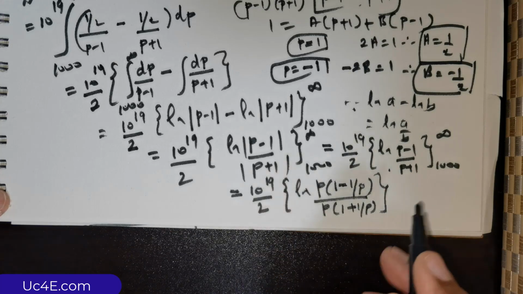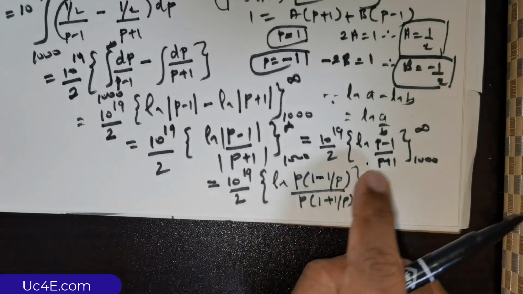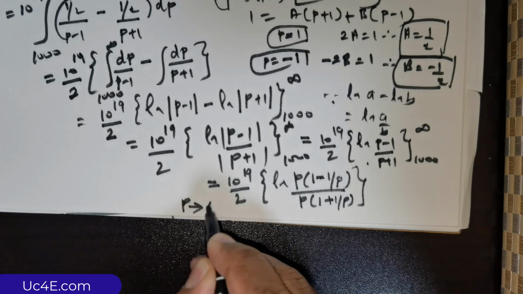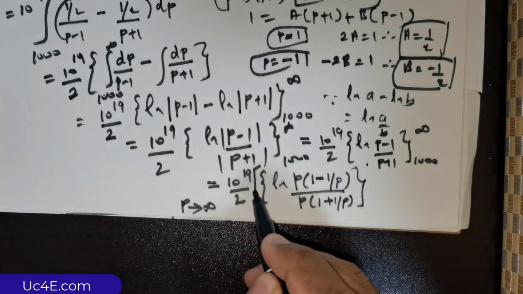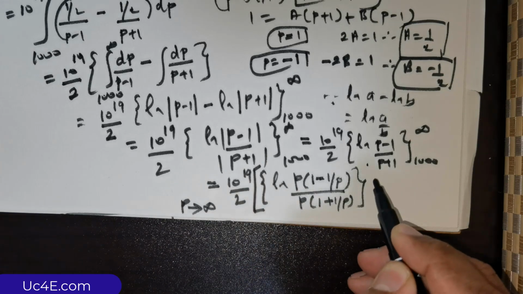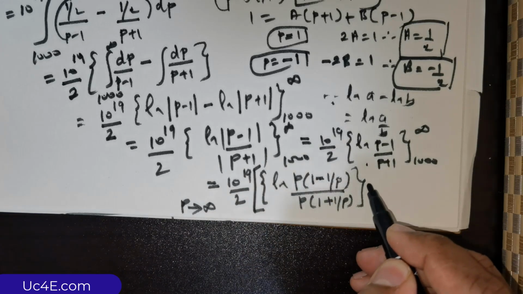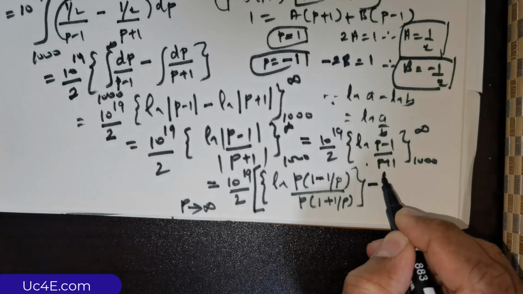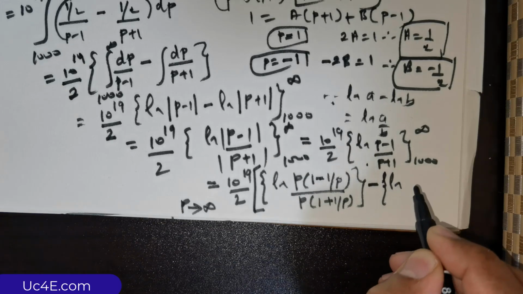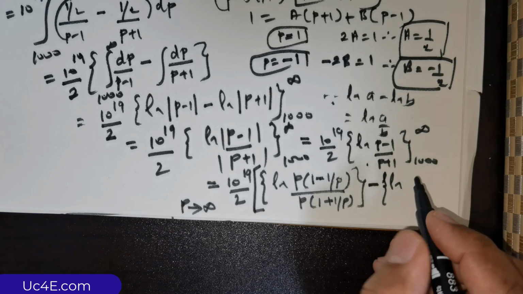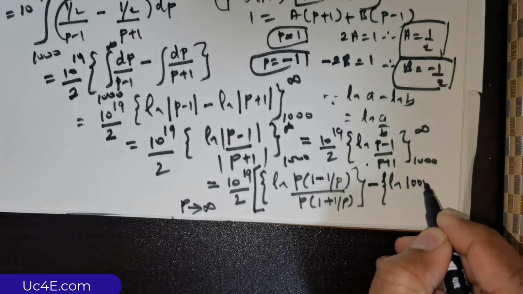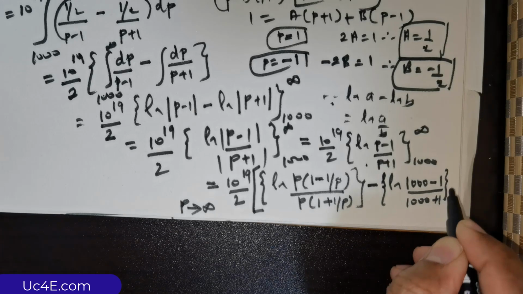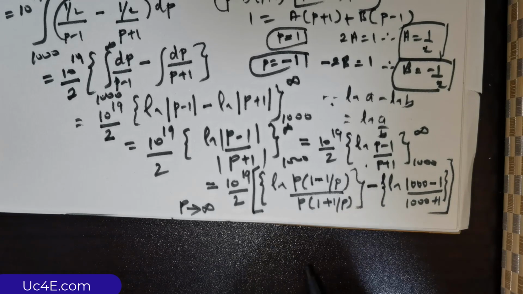So what I will do is I will just have this column for p tending to infinity. P is going towards infinity. So since p is tending towards infinity, this is for the upper limit minus the lower limit. So the lower limit is going to be ln of 1000 minus 1 divided by 1000 plus 1 in square parentheses, right?